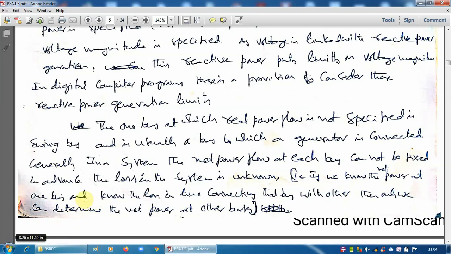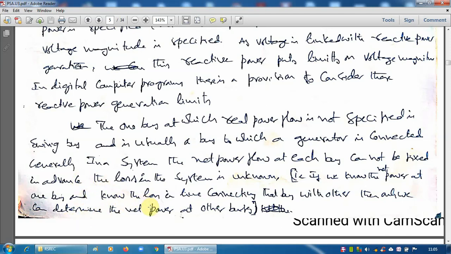So that is the reason why we assume that one bus is there that is supplying the losses in the system, and we will keep that bus aside without considering it into the process of computation. That assumed bus is called slack bus or swing bus. We calculate the power at this bus at the end of the solution of the load flow by using the results obtained in the problem.